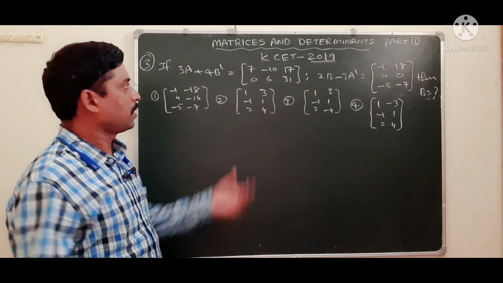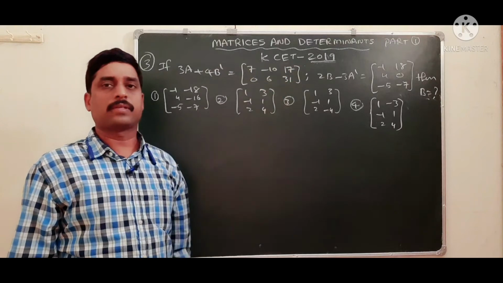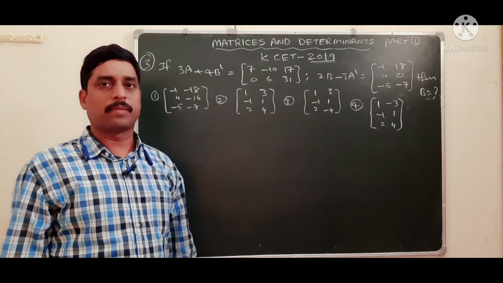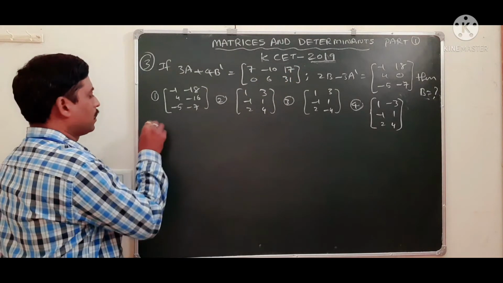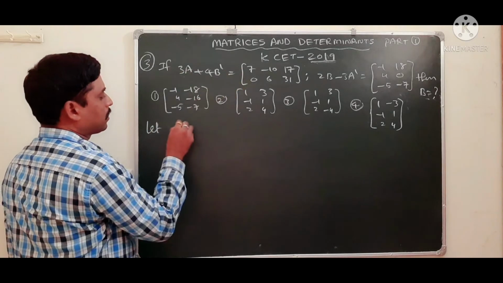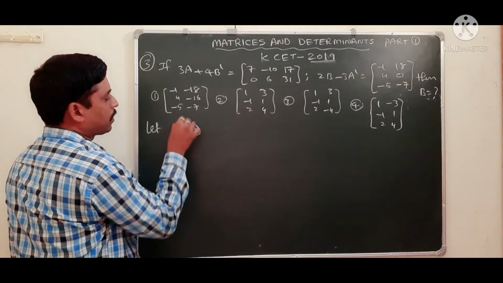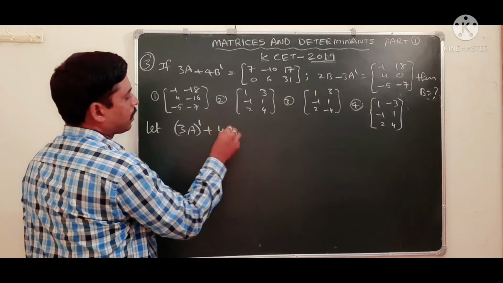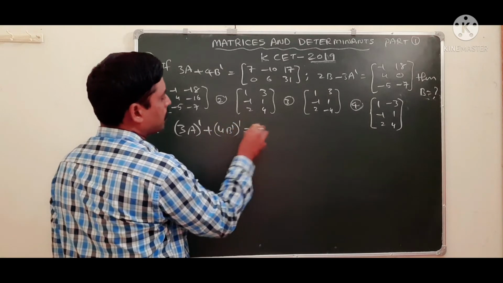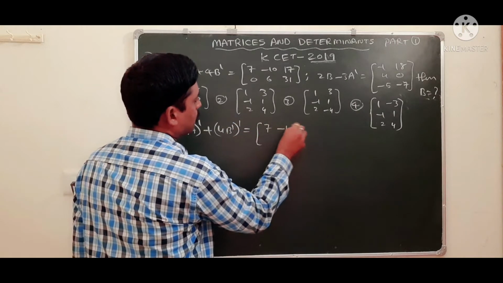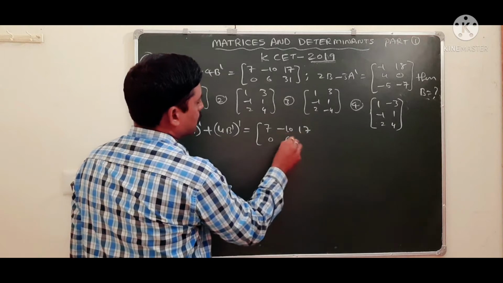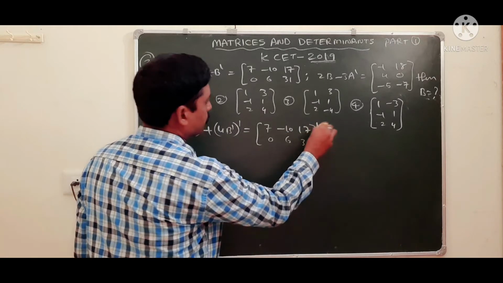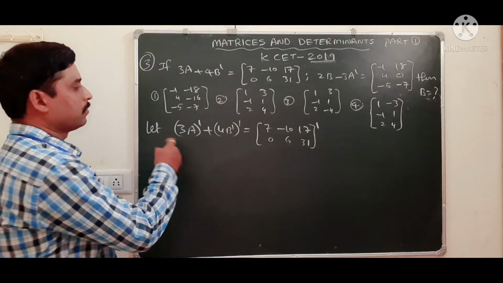Let us take the first equation and take the transpose on both sides. (3A + 4B')' equals the transpose of the right side.